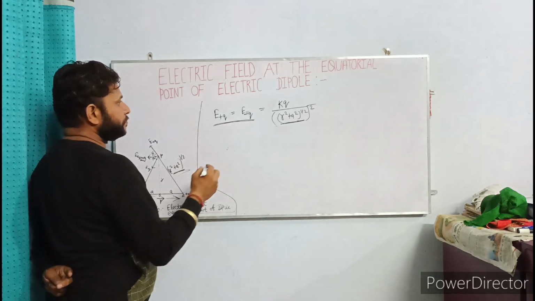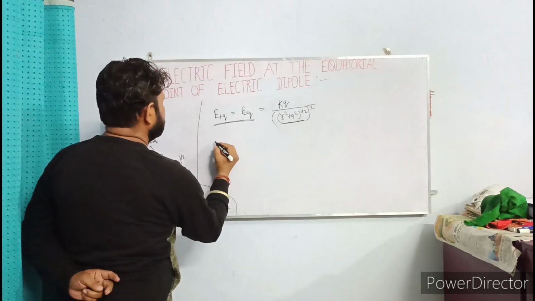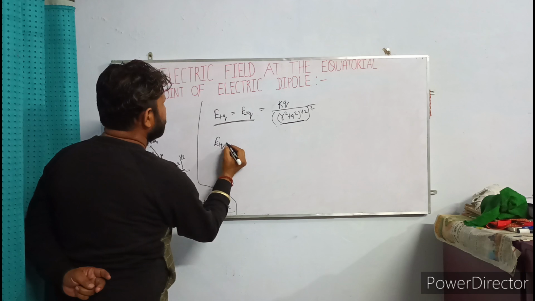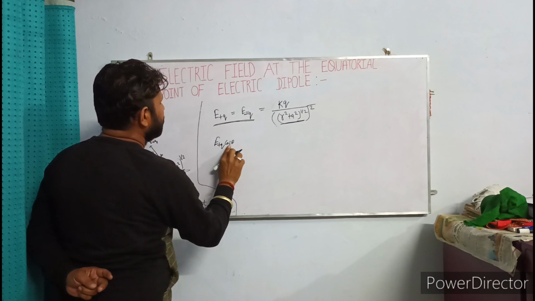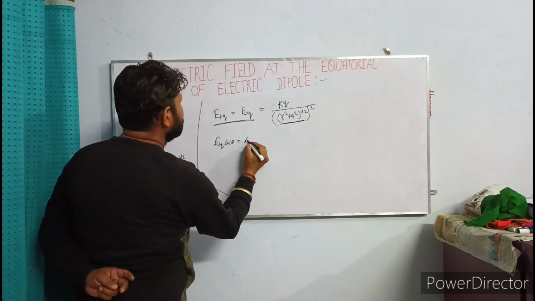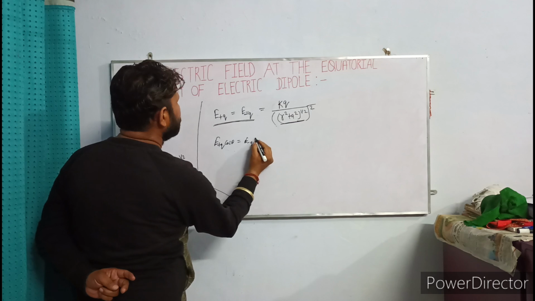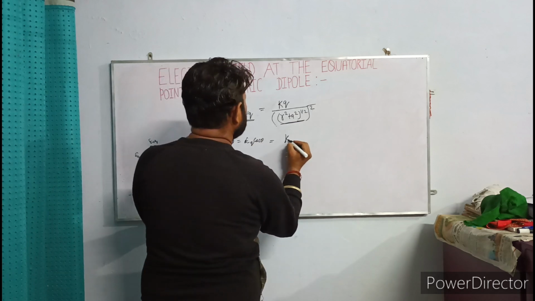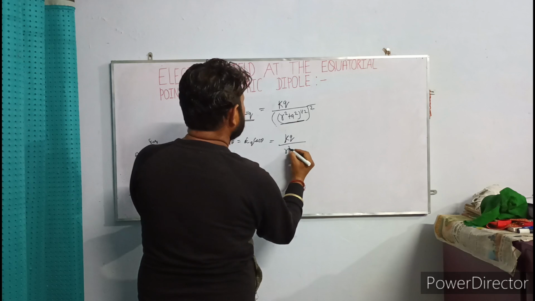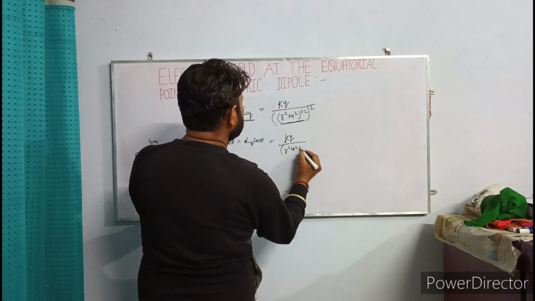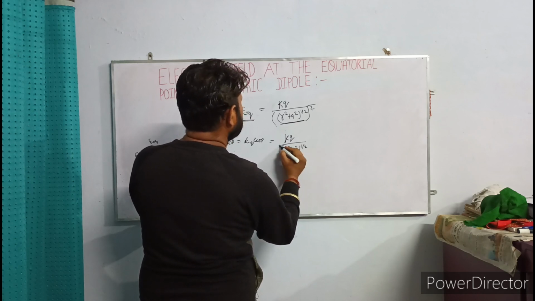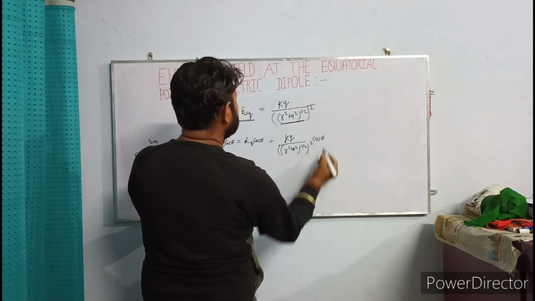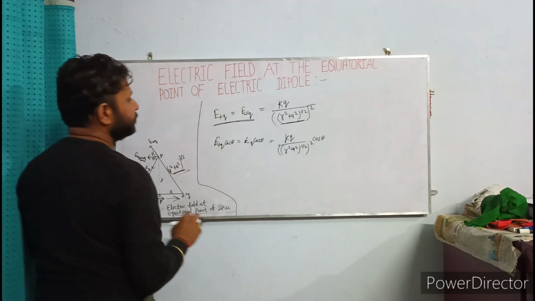Then we have E plus q cos theta equal to E minus q cos theta equal to kq upon (r square plus a square) power 1 by 2 square, cos theta.